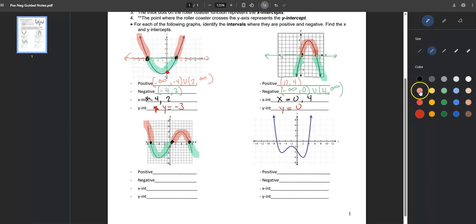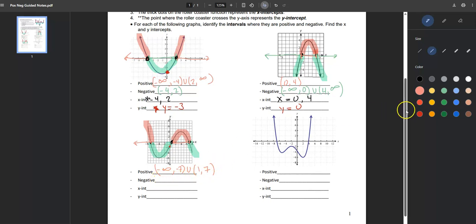Then we just need to communicate. Positive is from here to the left, and then from here to here. So left to right, that would be -infinity to -7. Do my union, because I have a second one, that'd be from 1 to 7.